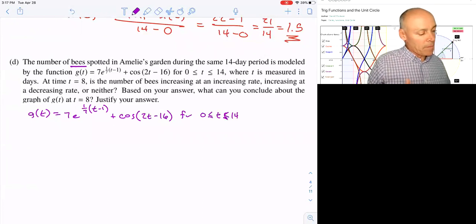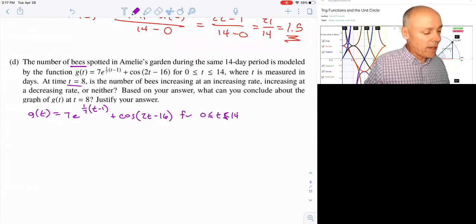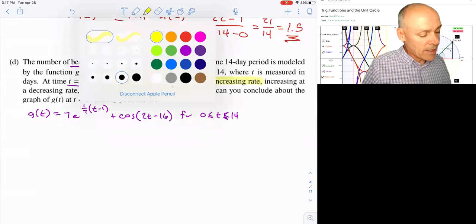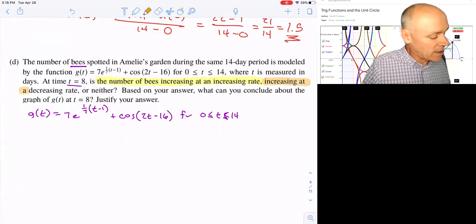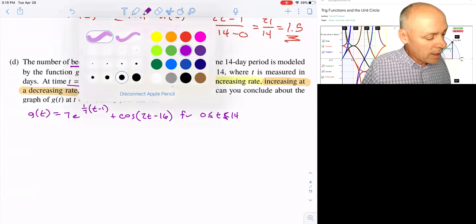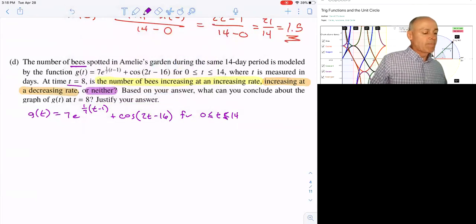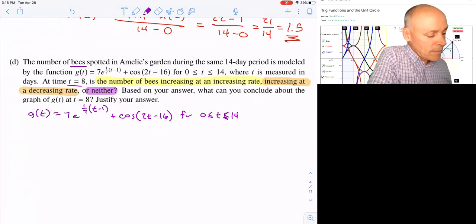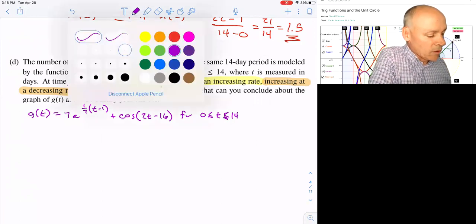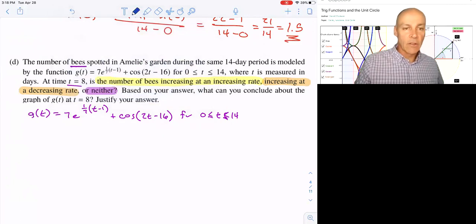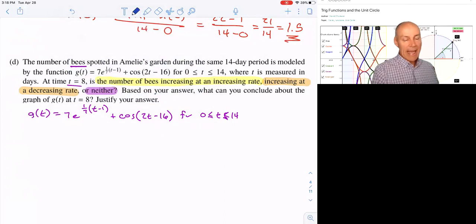Okay, they're asking us at t equals 8, is the number of bees increasing at an increasing rate? So that's one option. Is the number of bees increasing at a decreasing rate, or is it neither of those? And then based on our answer, what can we conclude about the graph of g at t equals 8, and then justify. What we need to do is look at g prime of t and also g double prime of t.